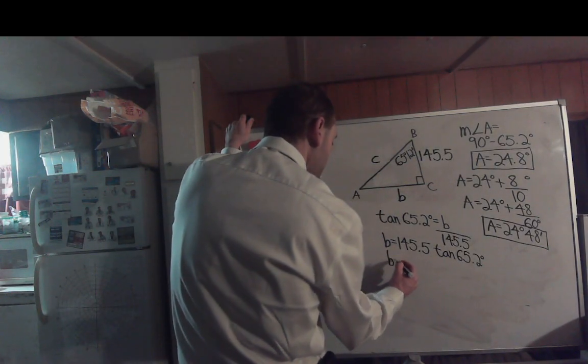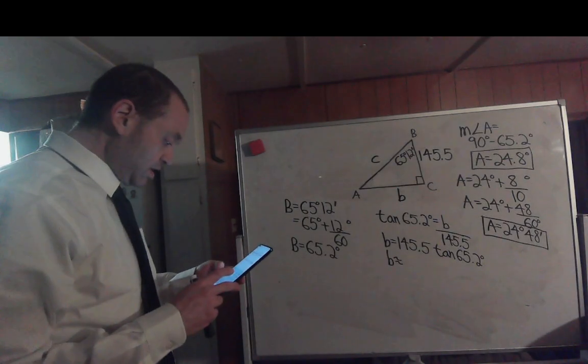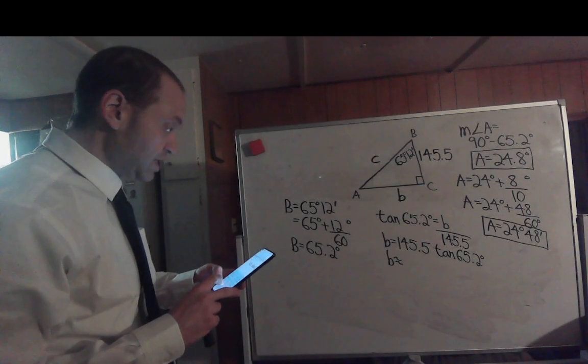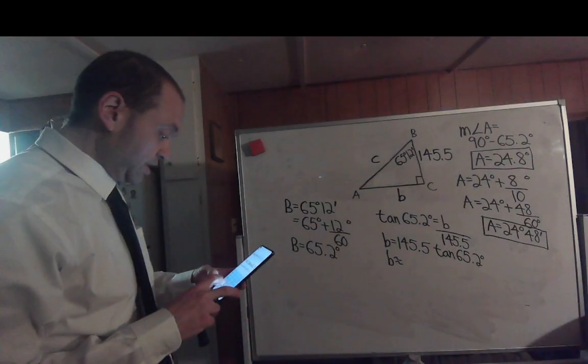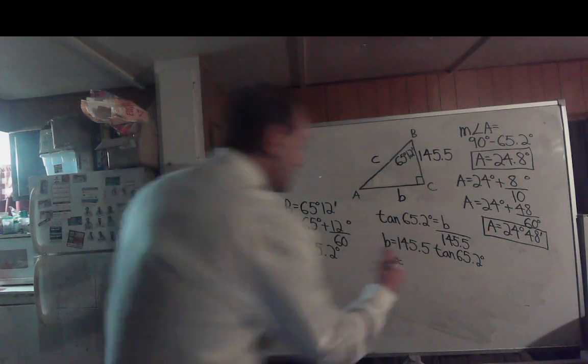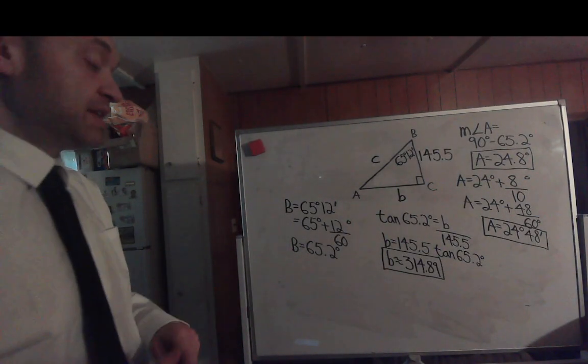So now we should be able to get a 2 decimal place approximation for this. All right, so 145.5 times the tangent of 65.2 gives you a length of approximately 314.89. So side B is approximately equal to 314.89 units.